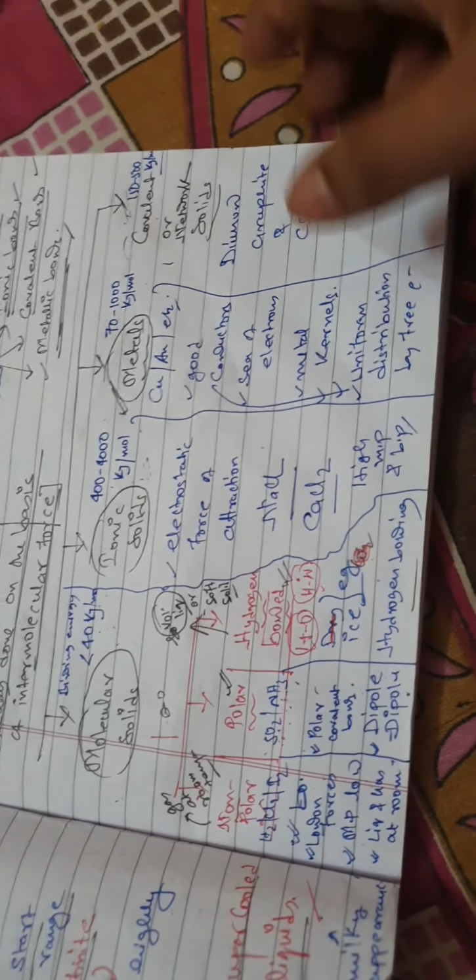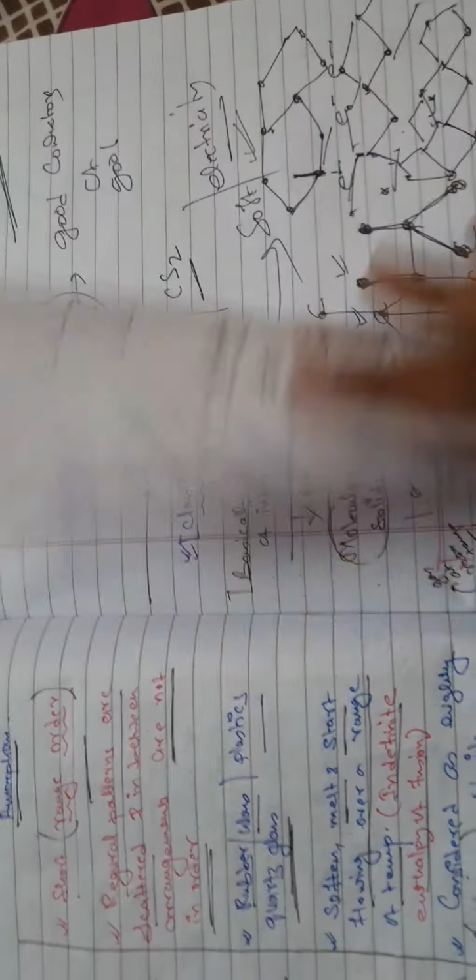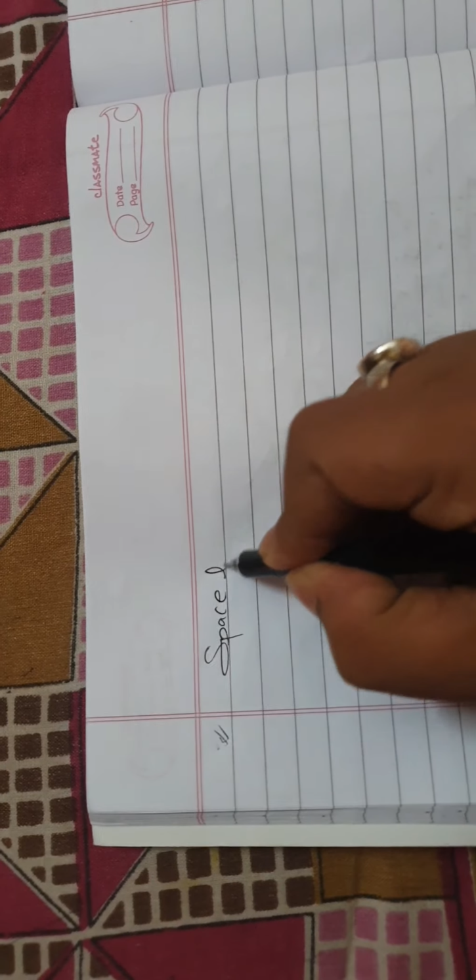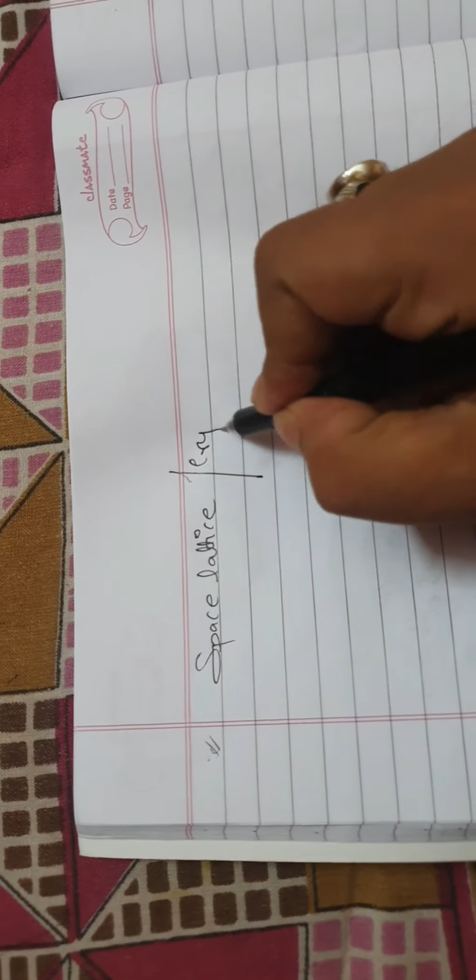Now, as you have understood up to this much, I will move into our next topic. And what is our next topic? Our next topic is understanding the space lattice or crystal lattice and a unit cell.